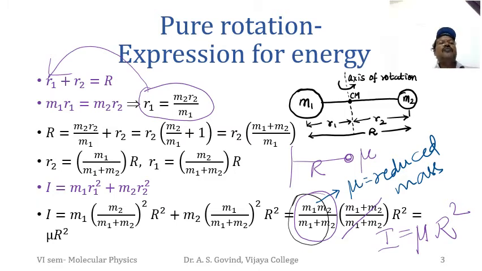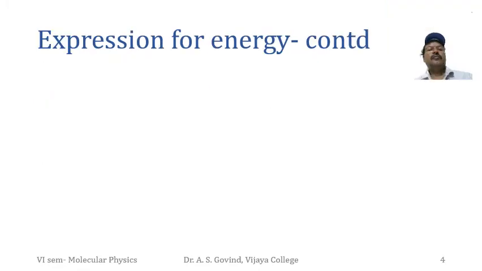So now we will go to the next part. Continuing further, we will calculate the expression for energy now. E represents kinetic energy of rotation. It is half of I omega square, similar to half m v square for linear motion.